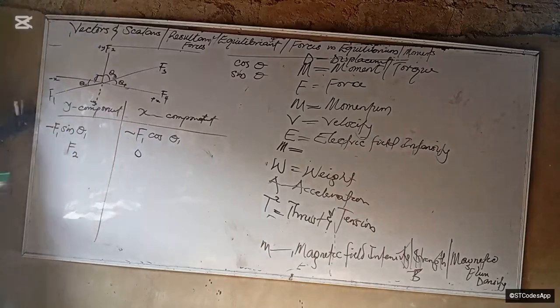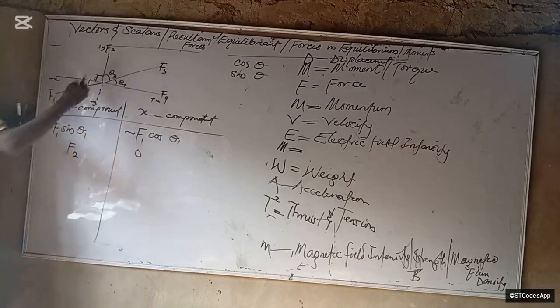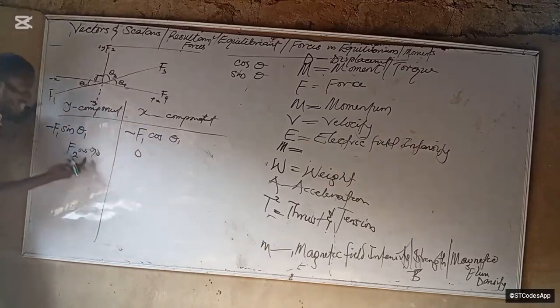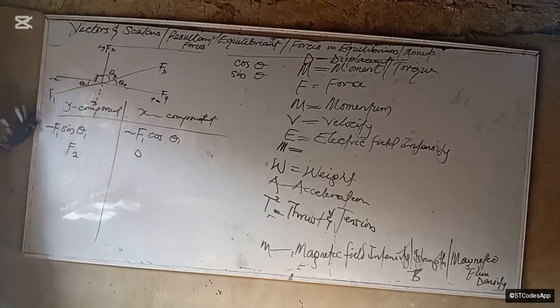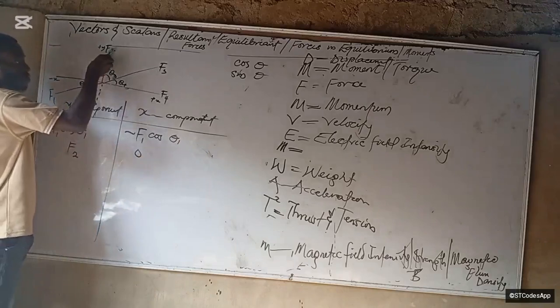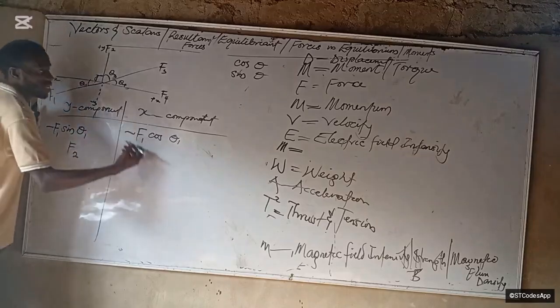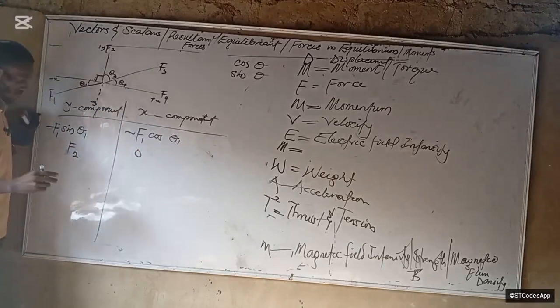The answer is actually that we resolve F2 in this direction. We opened it up to the y component, so it became F2 sine 90, and sine 90 is 1. So it becomes F2. Then for the x component, it becomes cos 90, and cos 90 is 0. Is it clear?